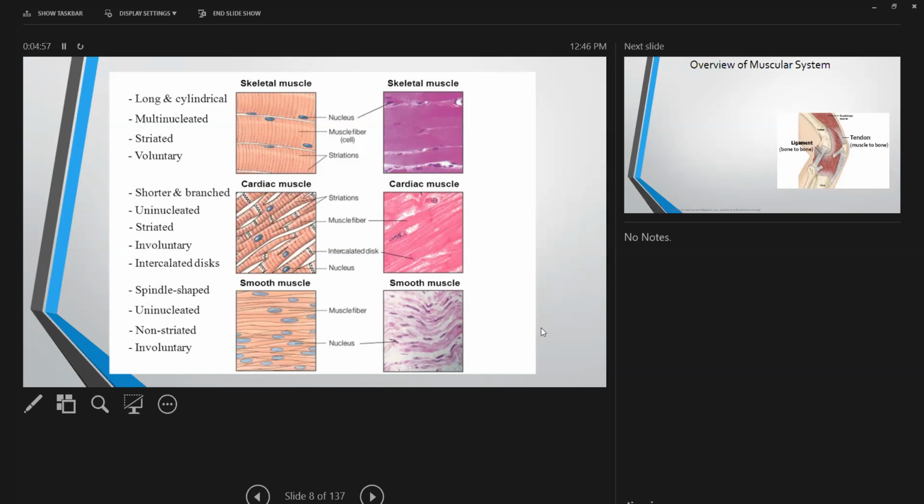When we talk about cardiac muscle, we're talking about shorter and branched, uninucleated, striated, involuntary cells with intercalated discs. So they can still send signal through the cells, but they're not all one long multinucleated cell. And then smooth muscle is more spindle shaped, so thinner. It's uninucleated and non-striated and is under involuntary control.